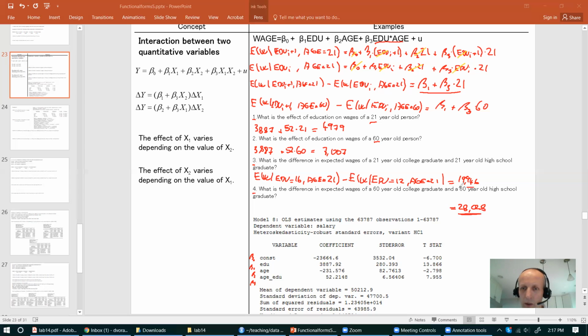So again, we see that the differences between people with more or less education go wider. The gap gets wider as people get older. And that's what we get when we interact two quantitative variables.